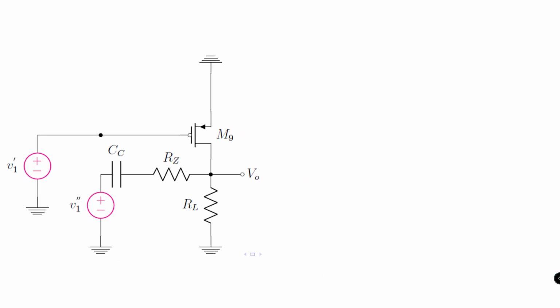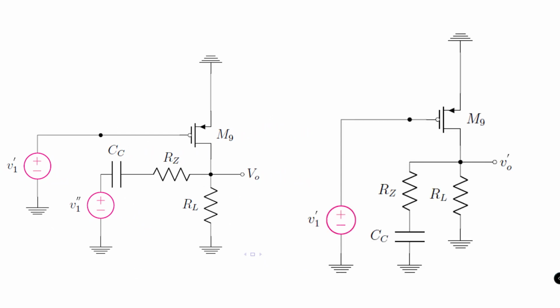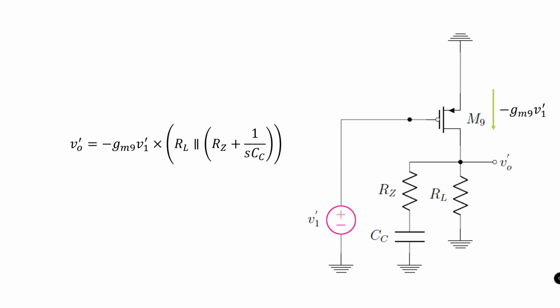First, let's analyze the output response with V1 prime while suppressing the V1 double prime potential. So this produces a drain current which is given as minus GM9 times V1 prime, which when flowing through the parallel combination of RL and RZ with CC, produces an output expression which is expressed as something like this.